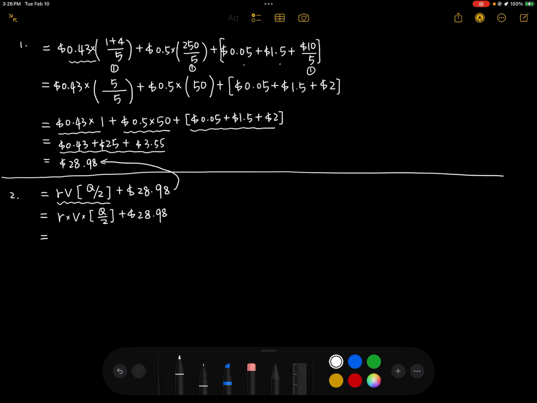And then we read the problem statement and we know the values of R and V and Q, right? So the value of R is 0.0096 and the value for V is 105, times the value for Q is 5, so 5 divided by 2.